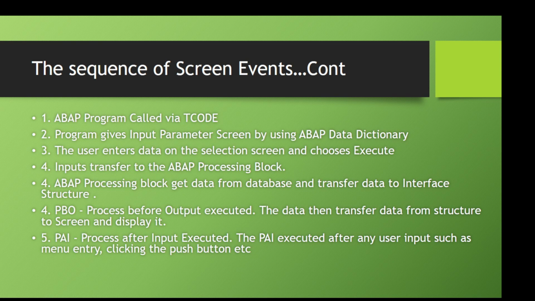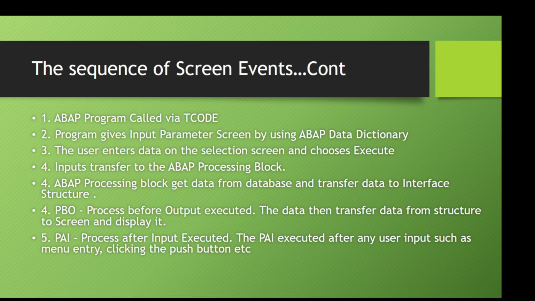Let's move on. The sequence of screen events. As a general overview, first of all, the ABAP program is called via T code. In the second step, the program which the T code called asks for some input parameter, as we saw in the sale order screen, that it was asking for some input parameter to show the sale order.